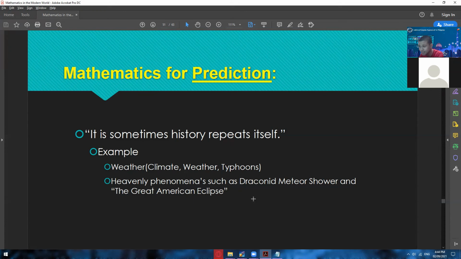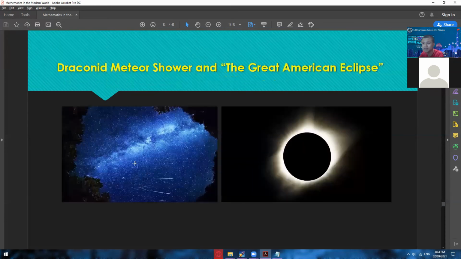We can predict when those two phenomena will happen again. This is the Draconid meteor shower, and this is the Great American Eclipse. If I'm not mistaken, the Draconid will happen again in October 2024, and for the American eclipse, I forgot, but I think it's 2024.